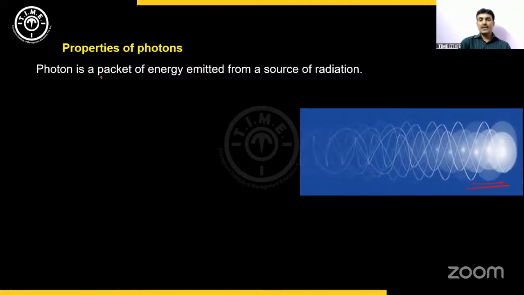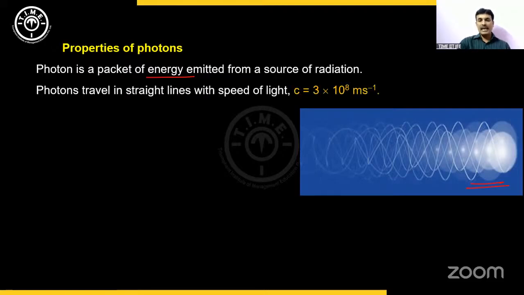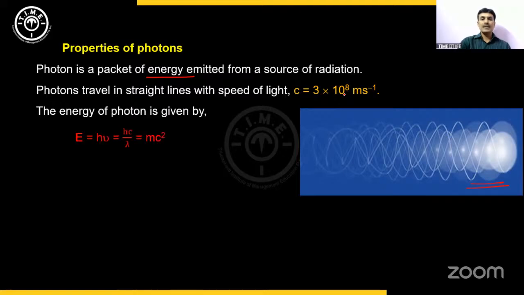All these photons travel with the speed of light, 3 into 10 power 8 meter per second. The energy associated with a photon is given by E equal to h nu.